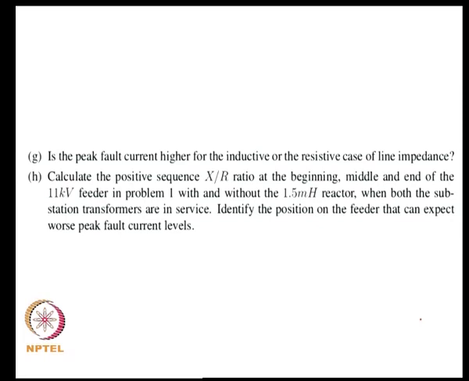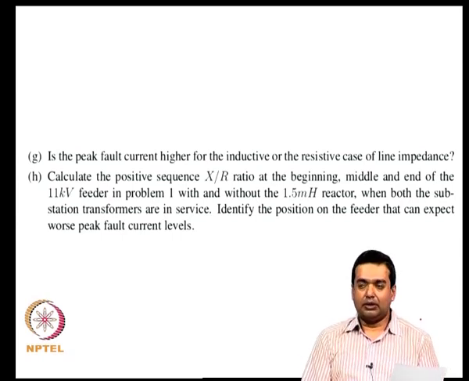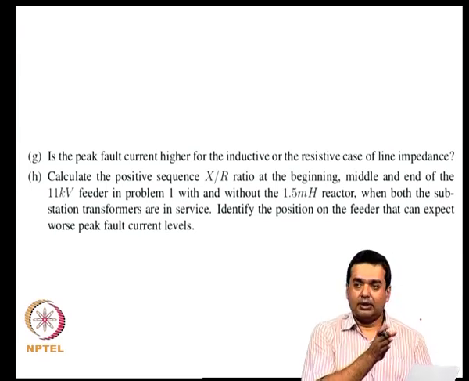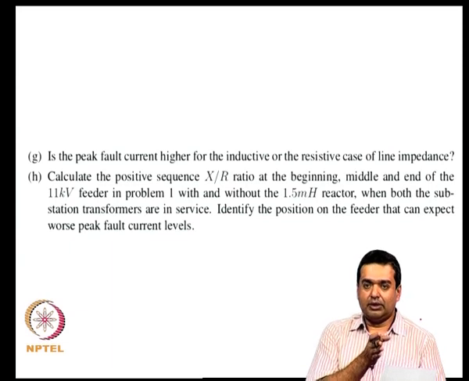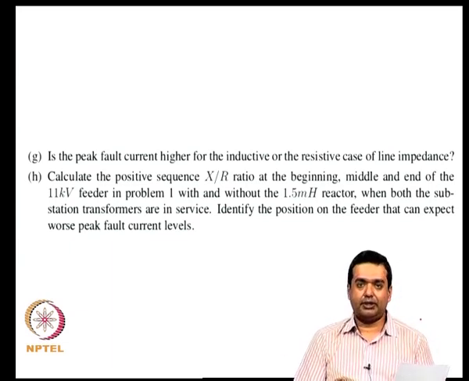So, in the next case we looked in problem 1 of a feeder which was 4 kilometer long. You had a transformer at the substation, and so you could then look at what the x by r ratios of that particular example are, depending on whether you have a fault close to the substation, midway at the feeder, further down towards the end of the feeder.